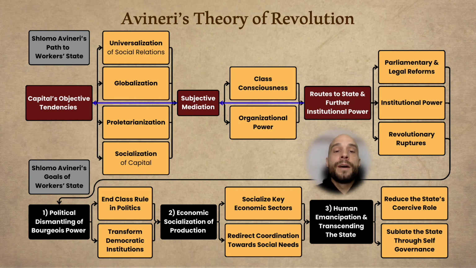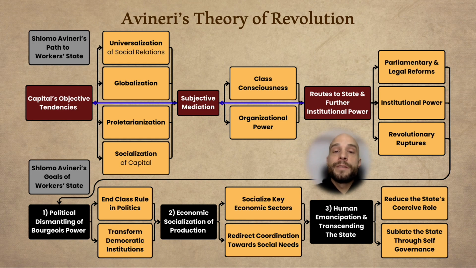Second, the economic socialization of production. The productive capacities capitalism created are preserved, but private command is transcended. Key sectors are socialized, coordination is redirected towards social need, so democracy enters the economy itself. Universal suffrage now extends into civil society, the economy.